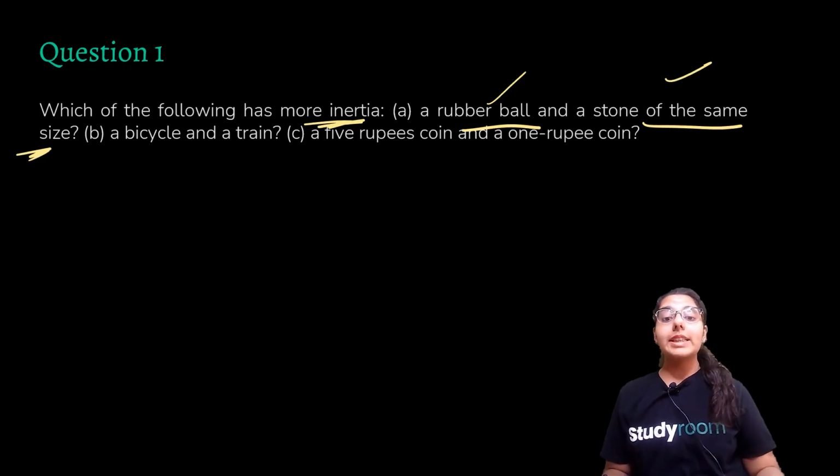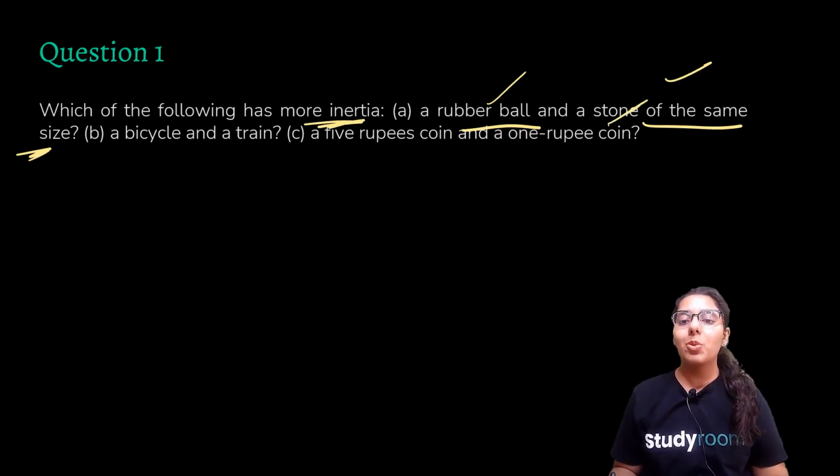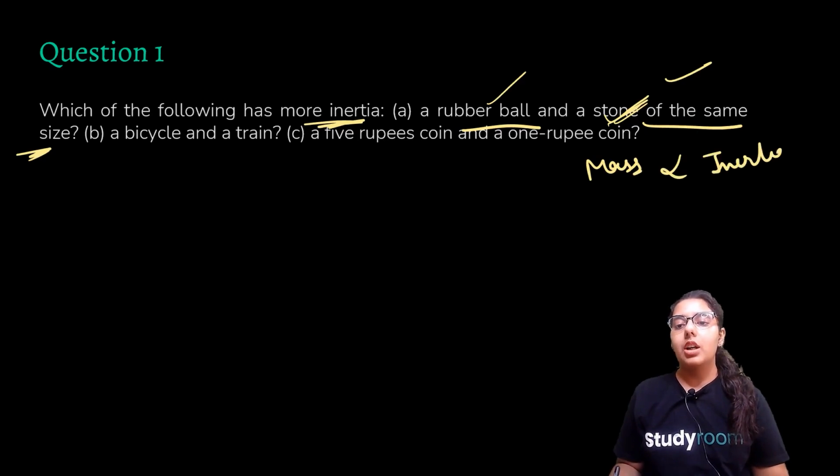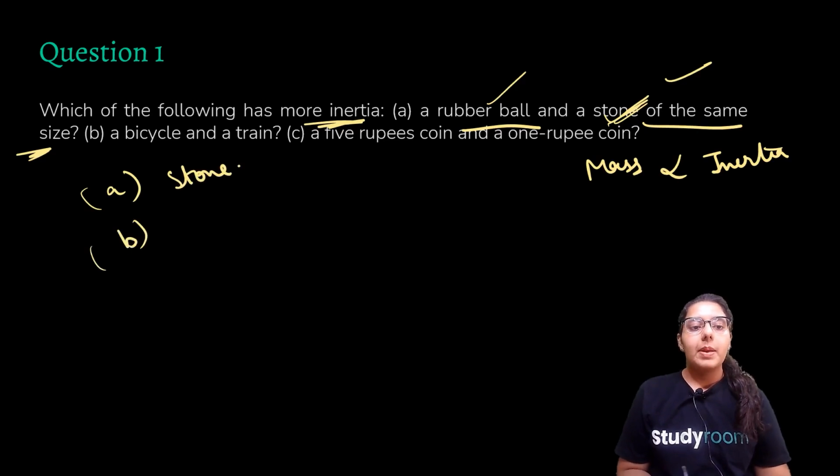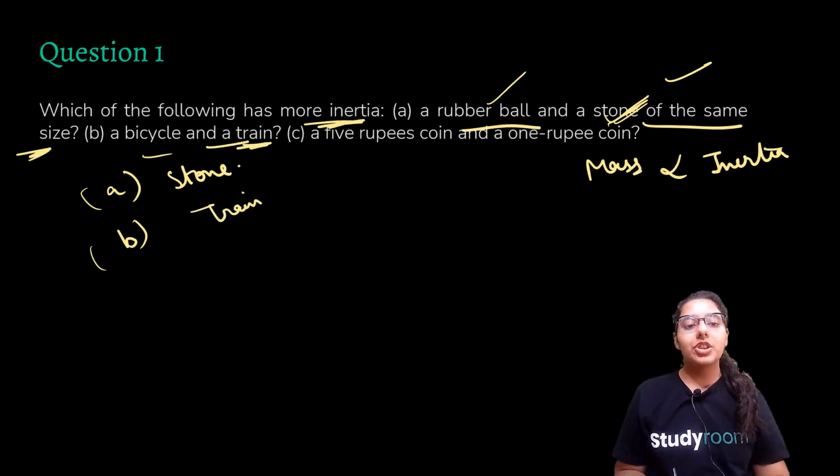If they are both of the same size, of course, the mass of the stone is more. So it will have greater inertia because we know that mass is proportional to inertia. So in part A, which has more inertia? Stone. Okay. A bicycle and a train. Which one is heavier? Train, of course. So the train has greater inertia.